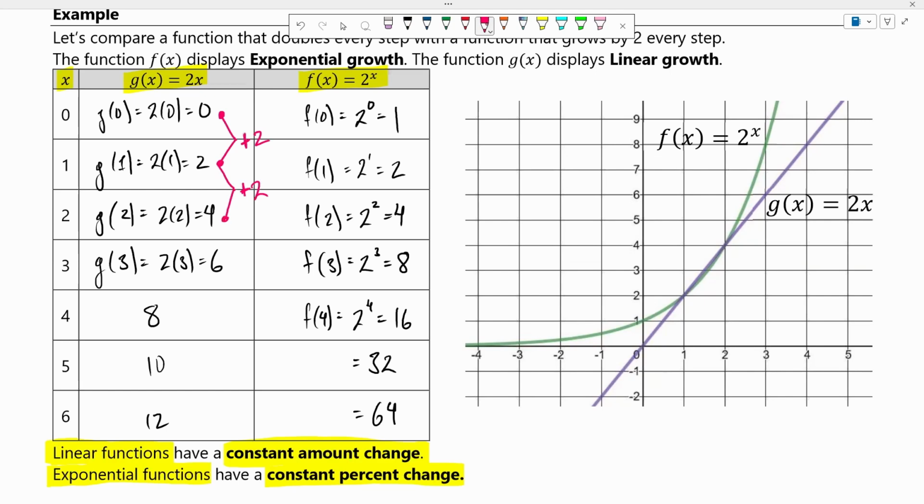You can see what I mean by constant amount change? Plus 2, plus 2, plus 2. So you can see how this plus 2 is working out. It is increasing by a specific amount every time.